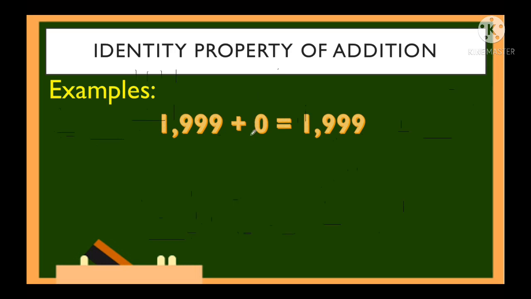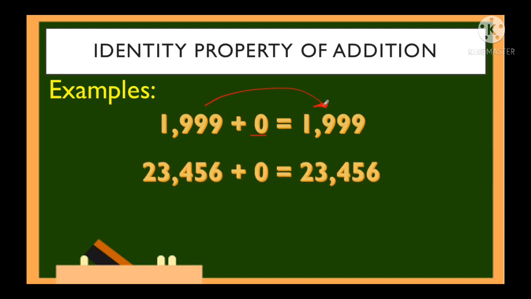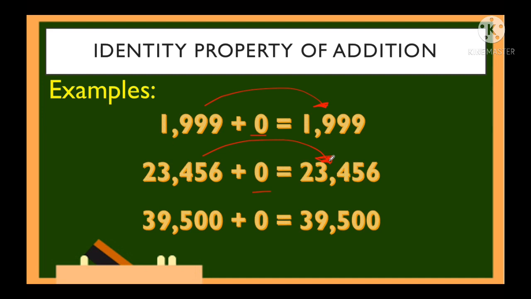1999 plus 0 is equal to 1999. Okay? 23,456 plus 0 is 23,456. 39,500 plus 0 is 39,500.